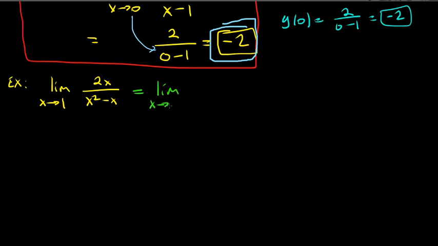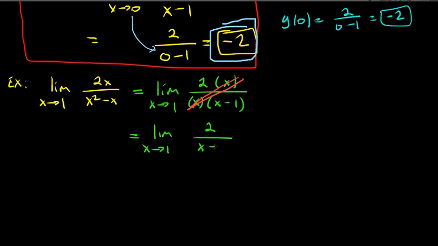We want to evaluate the limit as x approaches 1. And I'm just going to cancel one of the factors of x here. In fact, we can do that now. Cancel those. And then we still have the limit as x approaches 1 of 2 over x minus 1.